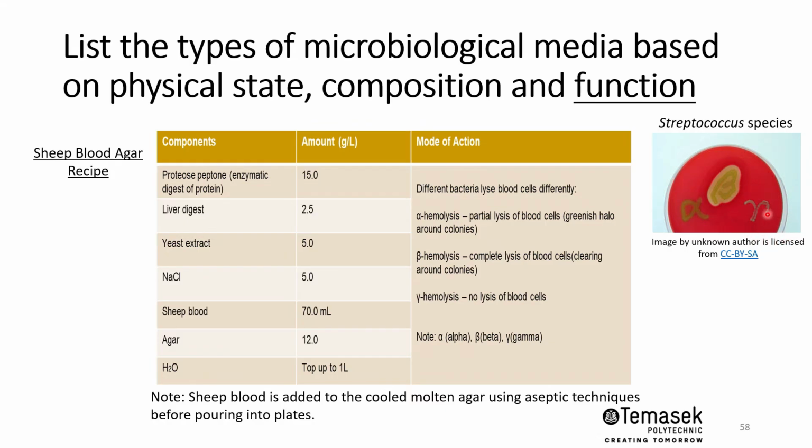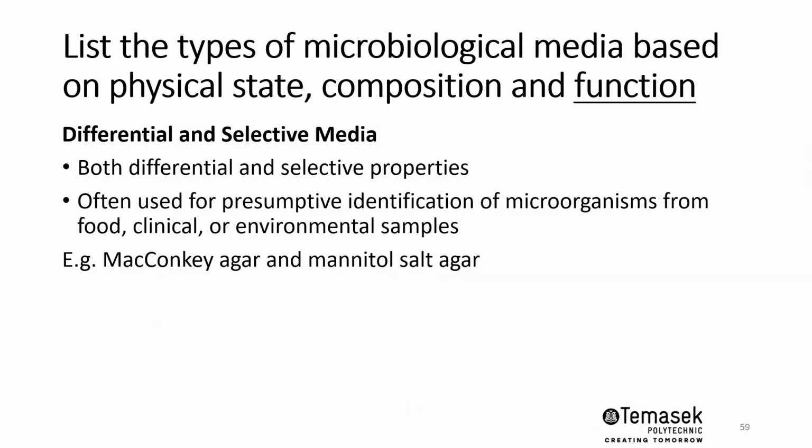So although blood agar, as we've seen earlier, is a differential media, it's also a type of enriched media that we will see later to allow for the growth of fastidious microbes. So fastidious means they need certain constituents or nutrients in order to grow. These are very fussy microbes.